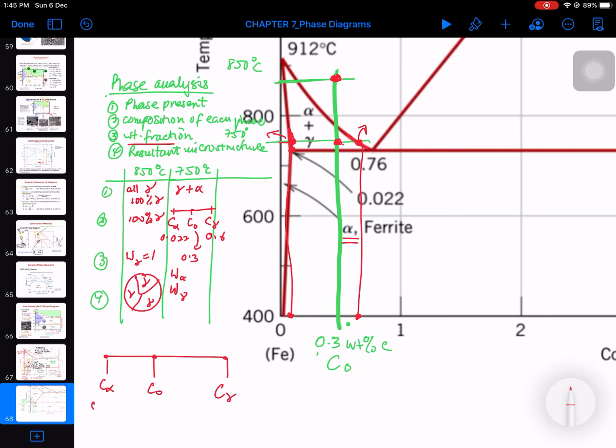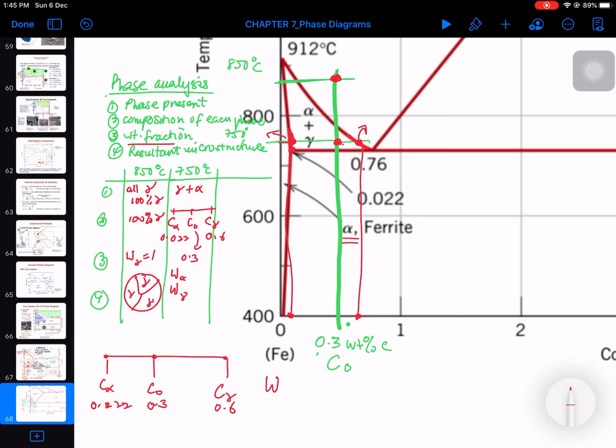So this is 0.022, this is 0.3, and this is 0.6. In order to calculate the weight fraction, you can always go back to the notes to look at the way the formula is derived, or you can do the shortcuts and play with some tricks.